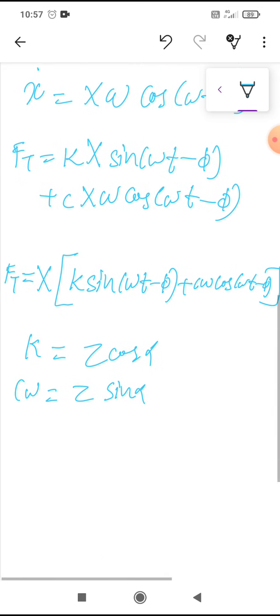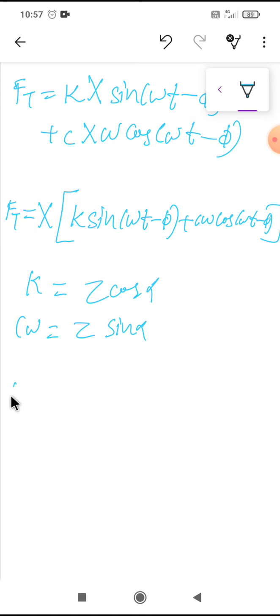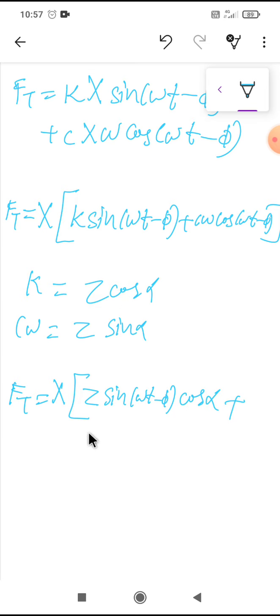So I will get f of t is equal to x into, for this, k, so there is z. I will write this as sine omega t minus phi and cos alpha plus c omega z sine alpha cos omega t minus phi. So you can see that it is sine alpha cos beta plus cos alpha sine beta.